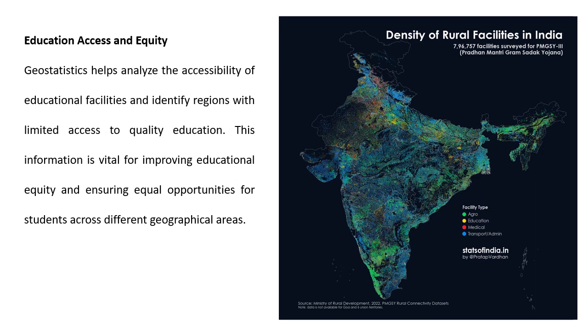Similarly, in the field of education, if you have the data on where schools exist at different levels, maybe primary, secondary, or at the college or university level, then with the help of that data, you can interpolate the information with the help of geostatistics.